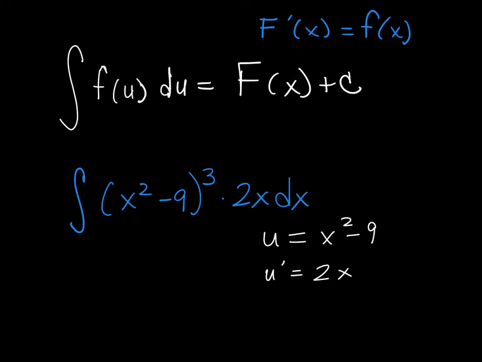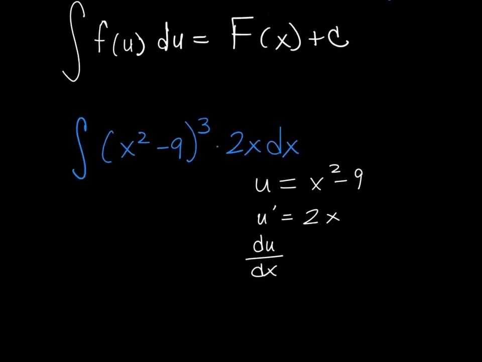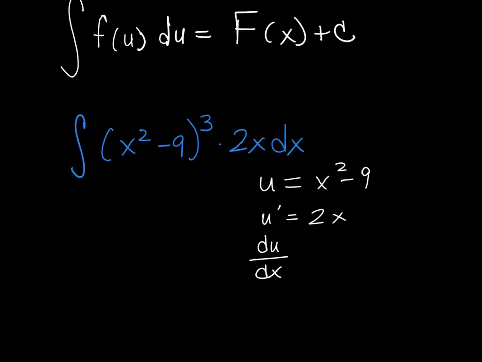Now, what's the other way I can write the notation for the derivative of u? I can say that is du over dx. That's the other notation. Think back, that would be the same thing as if I had either y prime, or I could also use dy dx.